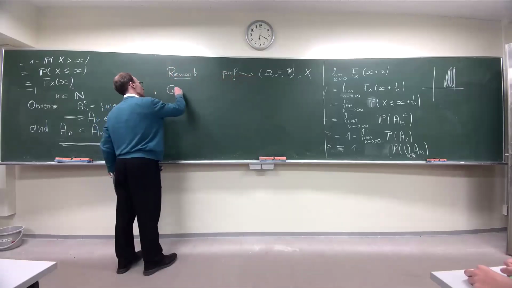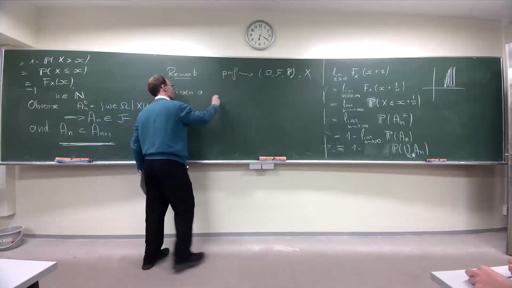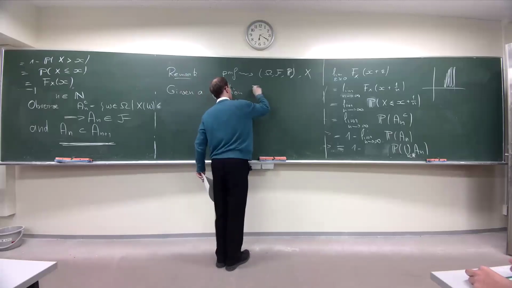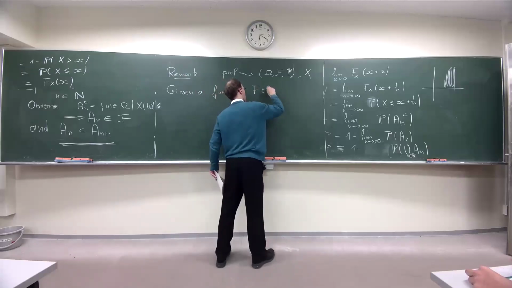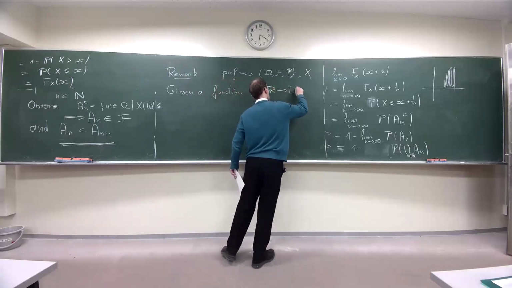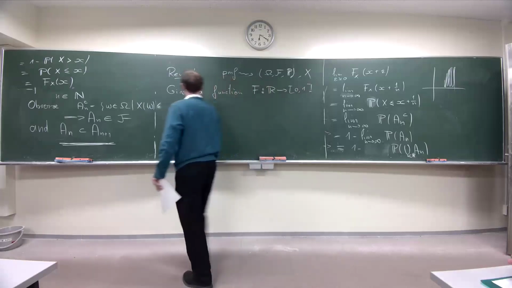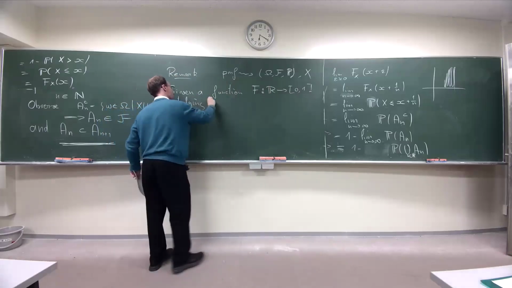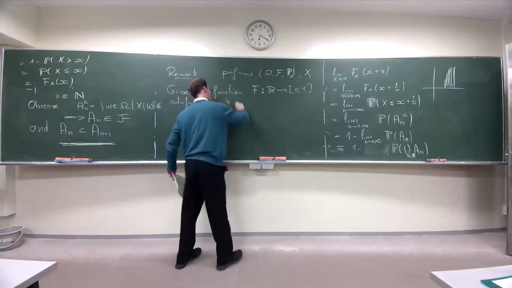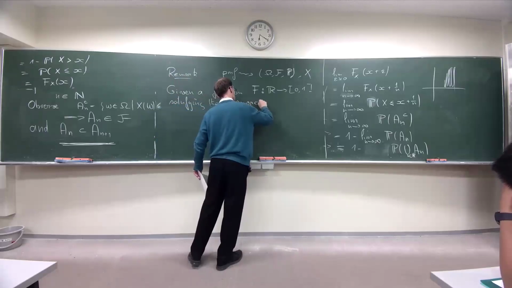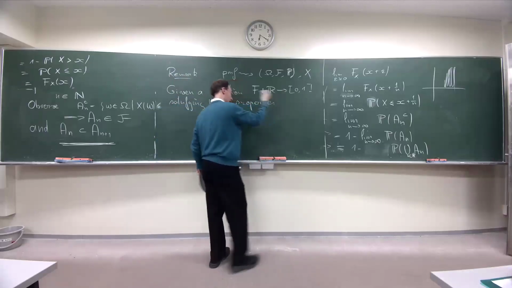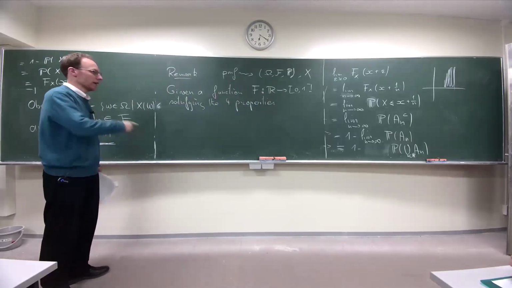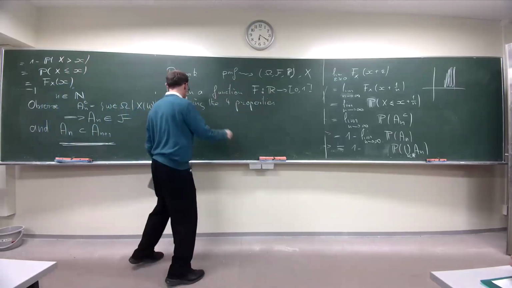Given a function, which I just call capital F, from R to [0,1], satisfying the four properties I just mentioned: it's increasing, its limit at minus infinity is 0, its limit at infinity is 1, and it's right continuous.